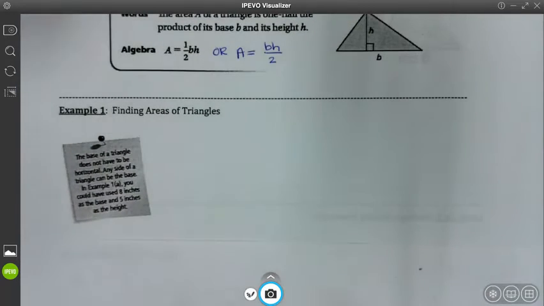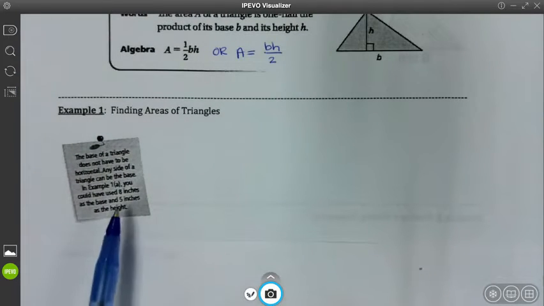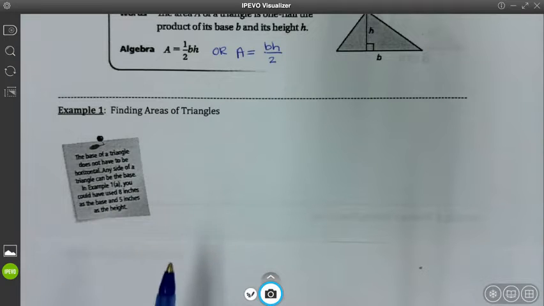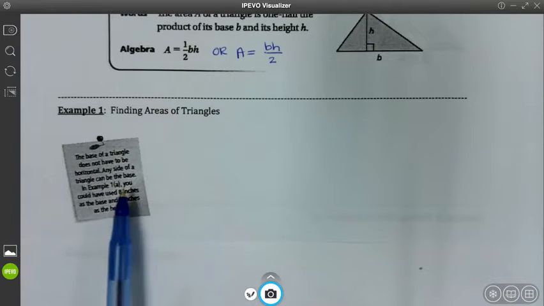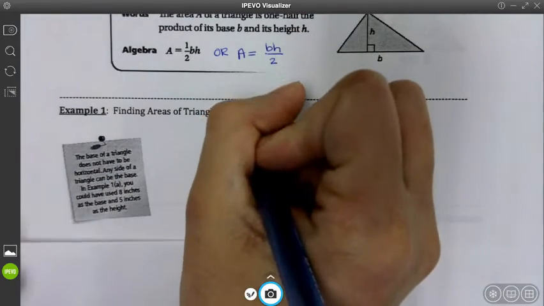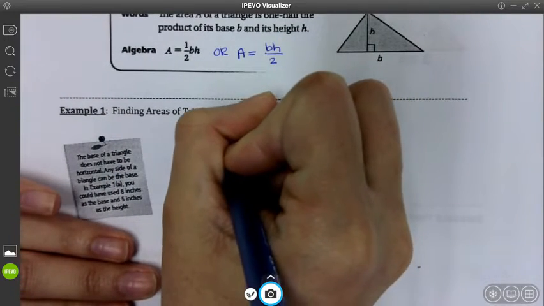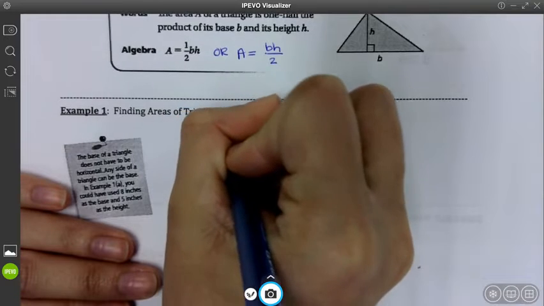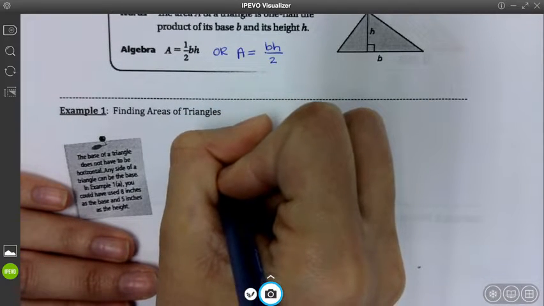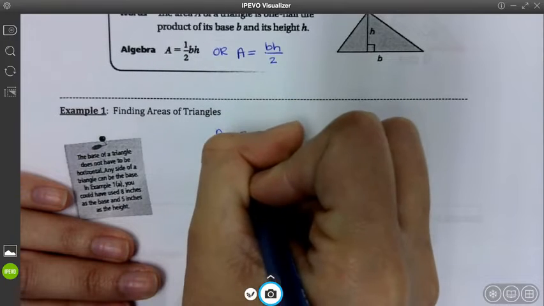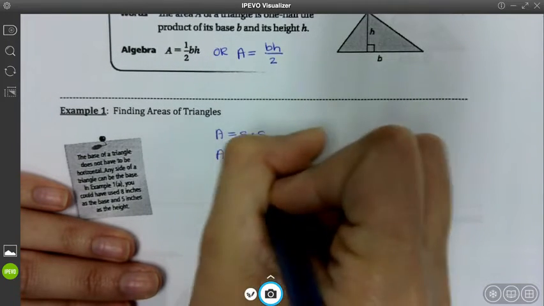Okay, before we do example 1, there's a little note here that basically just says, remember that the base does not have to be the bottom of the triangle. Base does not necessarily mean bottom. If we do a quick review of what we talked about in the previous section, for a square, we multiply the two side lengths. For a rectangle, we multiply the two side lengths.